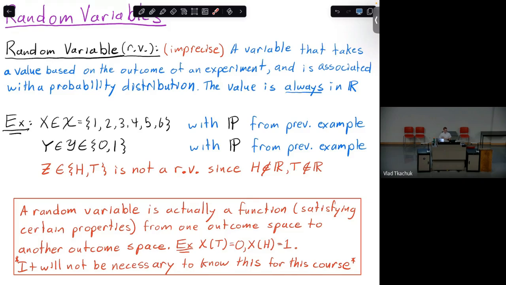And in red, I'm going to highlight the more precise story of these random variables. It turns out that this random variable is actually not a variable, and it's just a function. But once again, you're not going to need to know any of this for this course. It's actually a function that satisfies some special properties. The high level story is that it's usually thought of as a function that maps from one outcome space to another. And it's precisely this case of what you actually observe.